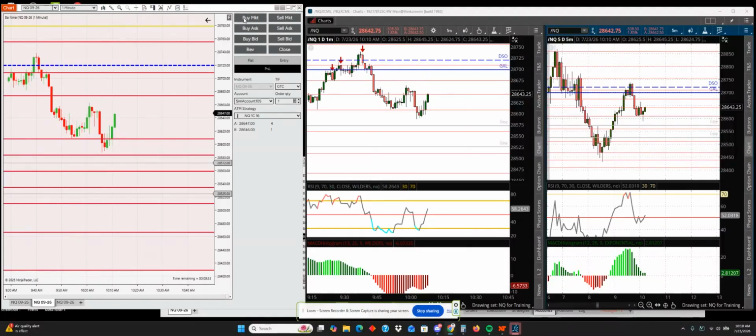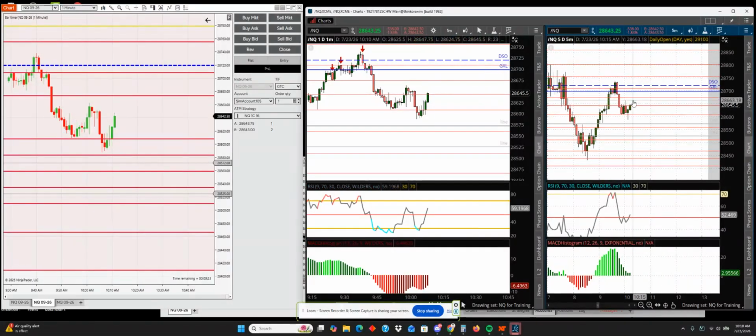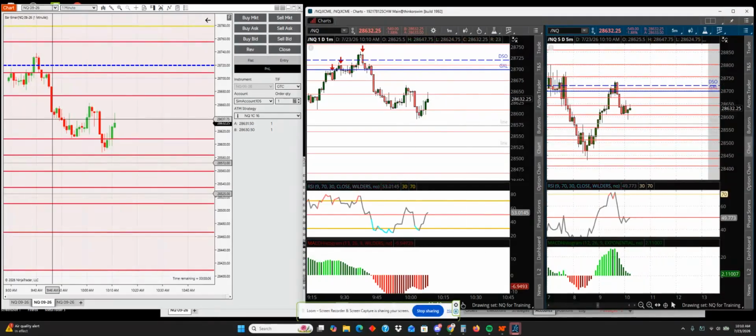The market is moving. Do I chase the market? I don't want to chase it at this point. I want to see a double top here at this level, with a divergence, for it to go further down. If that happens, that's the setup I want to wait for. Or if it breaks above here, I want to go further higher. So let's let the market tell us the story, okay?